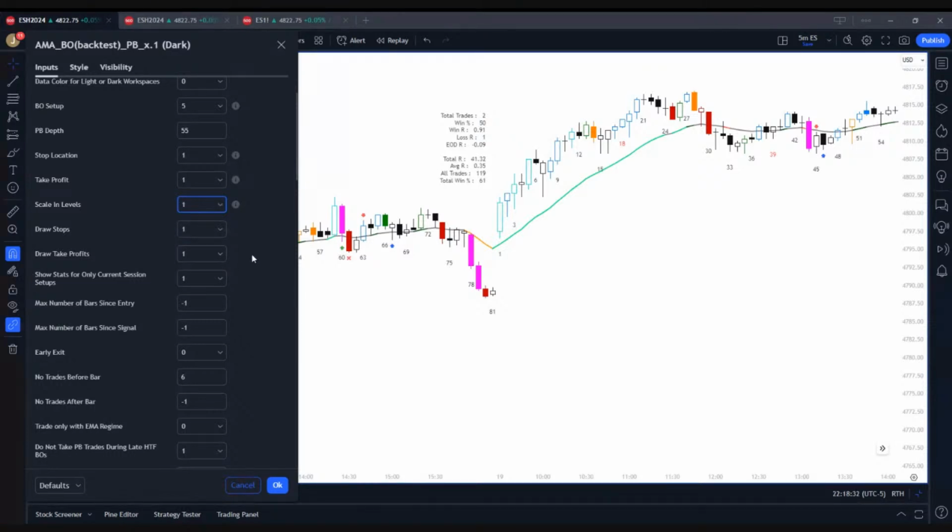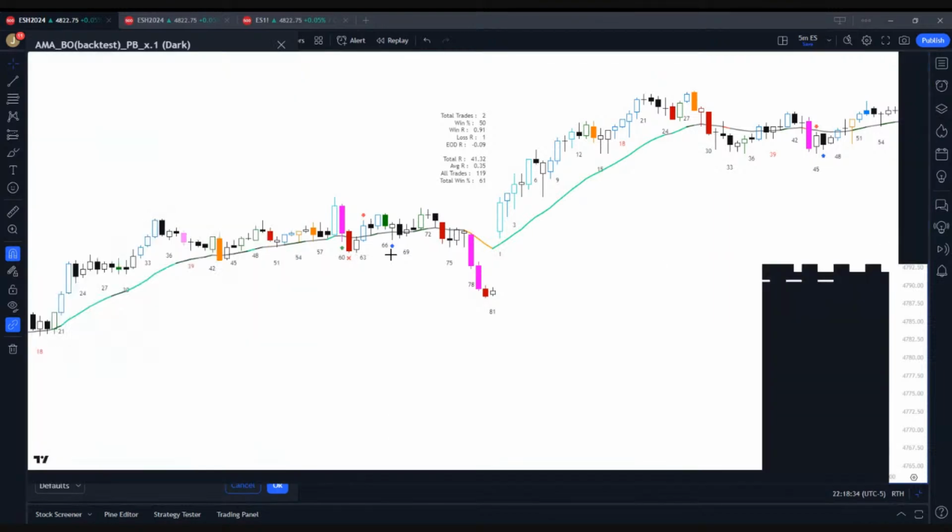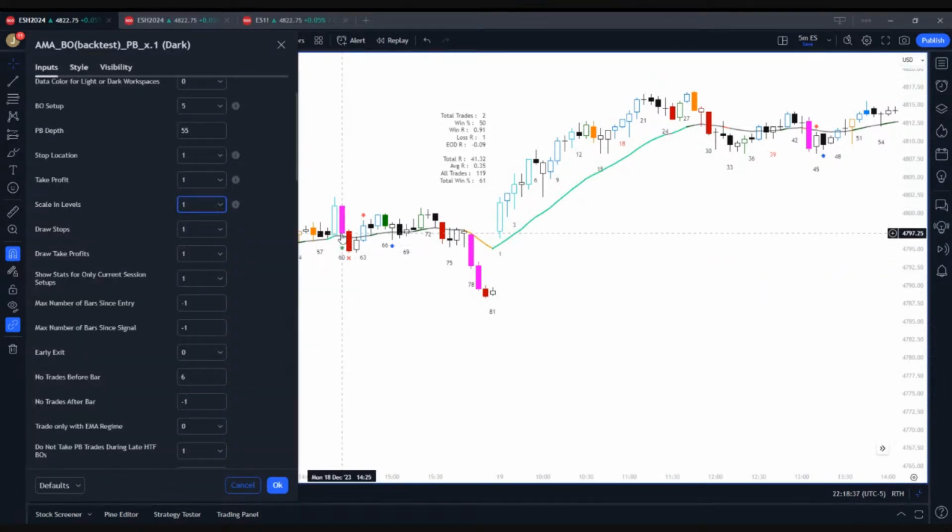So if we have scaling level 1, then when the bar gets to below the initial stop location, it will take an average of the price at the entry and the original stop location here, and then move the stop to one measured move below, with the intention of getting out break even on a return to the signal bar low. So basically, it's the average of those prices, trying to get out break even on the trade.